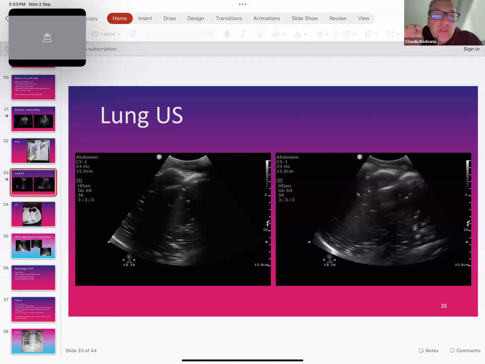We talked about consolidation, and that is you have the increased echogenicity of the lung, but also you have the dynamic hyperechoic structures, which is air in the bronchioli.